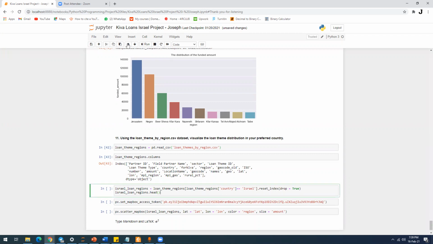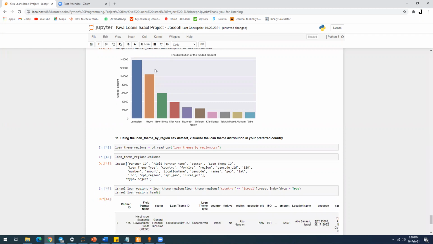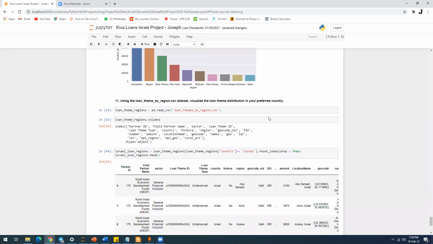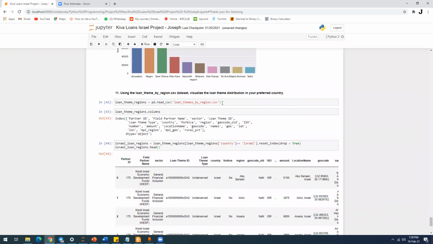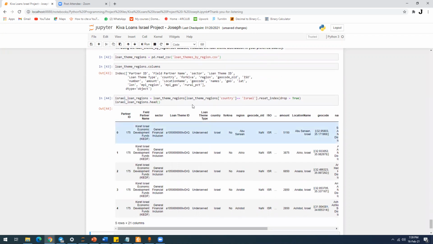So the last question becomes, using the loan theme by region dataset, visualize the loan theme distribution in your preferred country. So I read the loan theme by region data columns, and then the Israel loan regions.